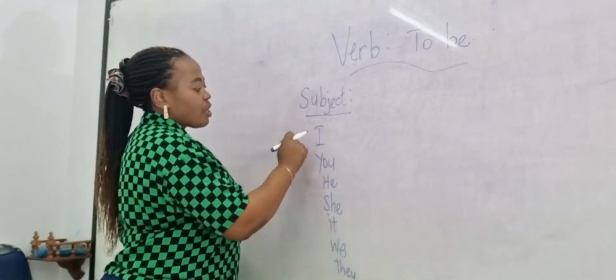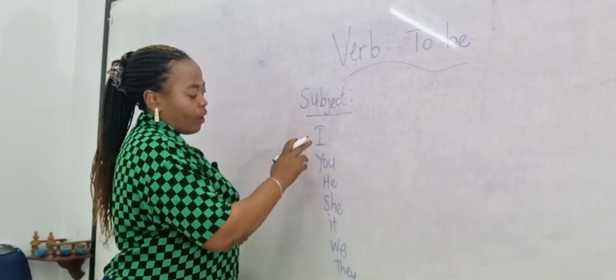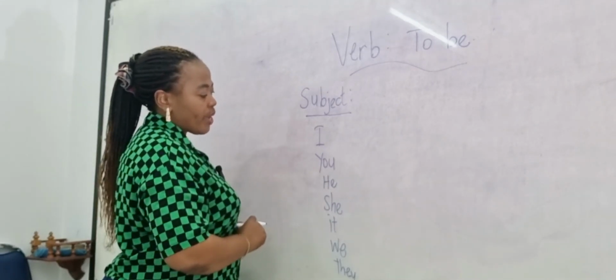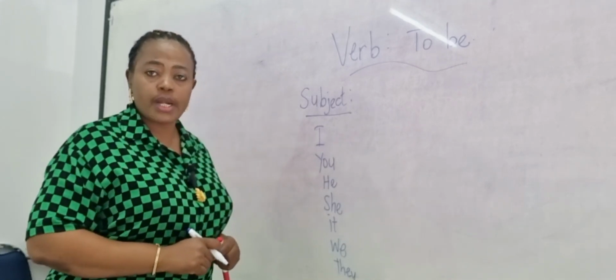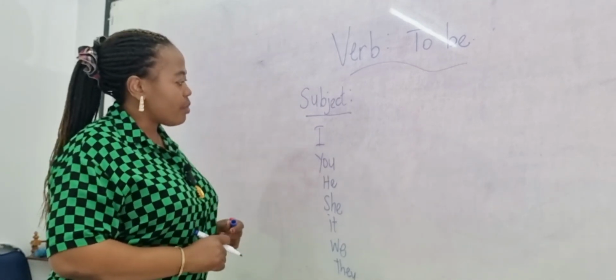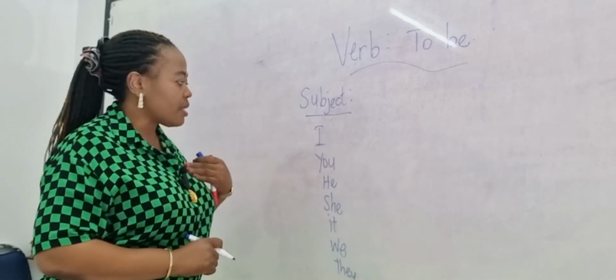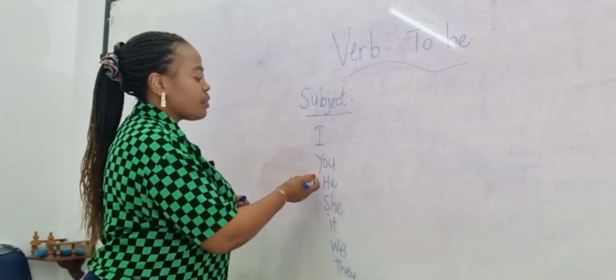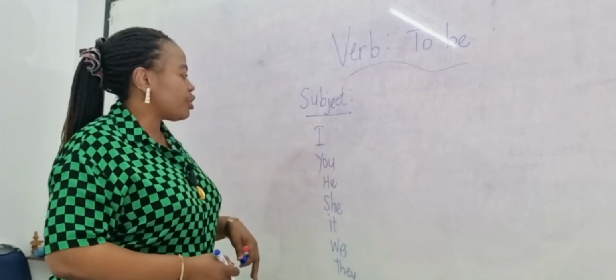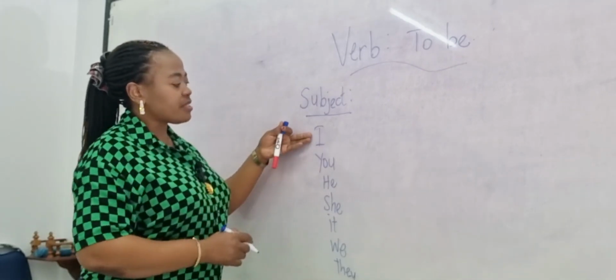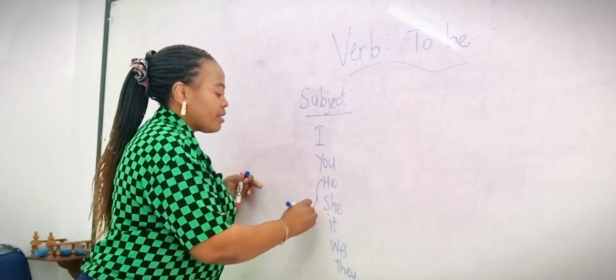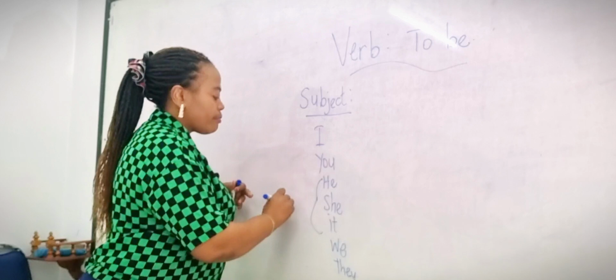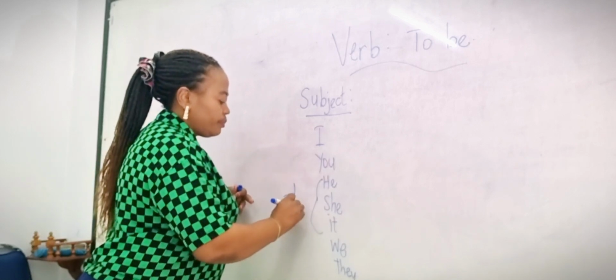Now, when we talk about the subject pronouns, we have singular and plural subject pronouns. The very first one, I, is talking about yourself. You can be singular and it can be plural. We always say I is first person singular, you is second person singular, and he, she, it is third person singular.